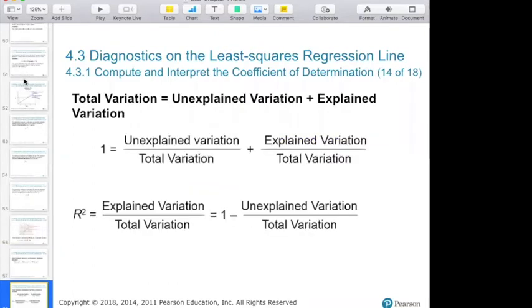Looking at this as an equation, we're talking about variation. Everything together, the unexplained portion and the explained portion, has to account for 100% of the variation. The R squared value tells you the portion that is explained by the variation in your variables. So that's the explained portion. And then there's this other variation. We don't know why it happens, but it happens.